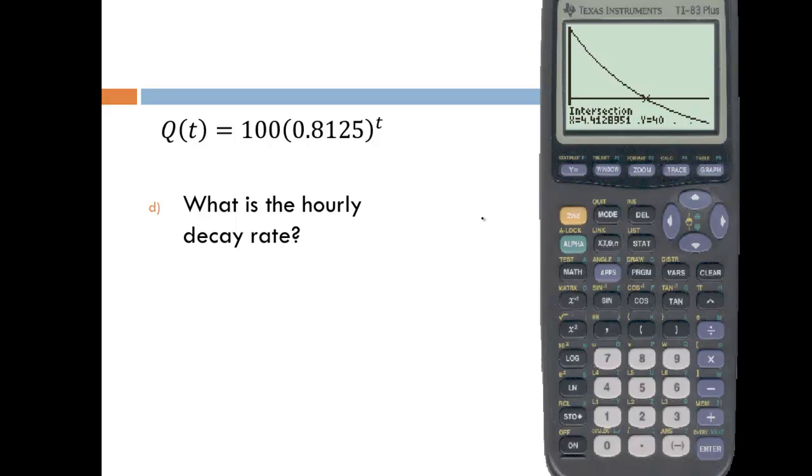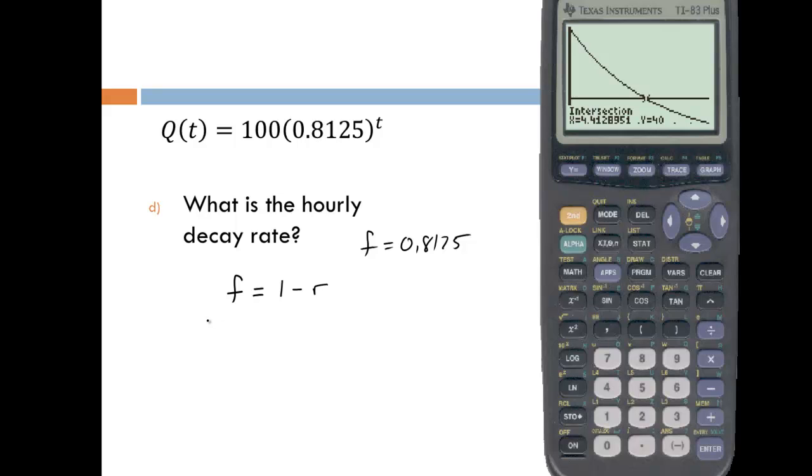So what is the hourly decay rate? Well, again, we know that the factor is 0.8125. And since this is decay, we have a similar relationship where the factor is equal to 1 minus the rate. So notice the difference this time. It's 1 minus the rate instead of 1 plus.